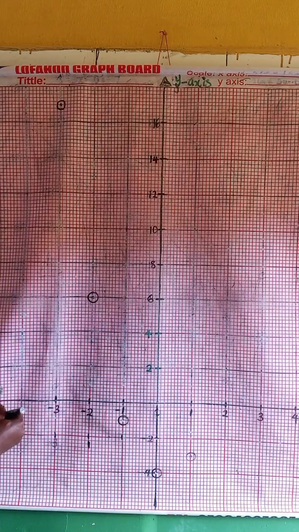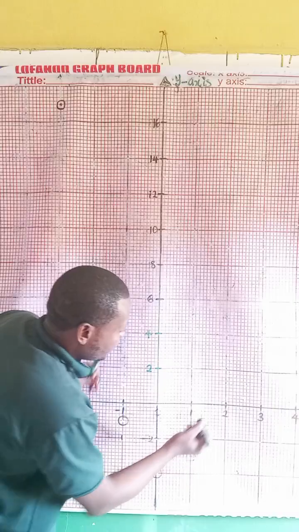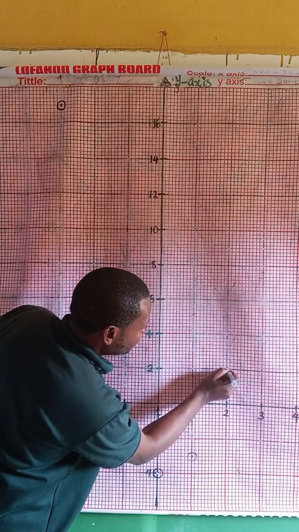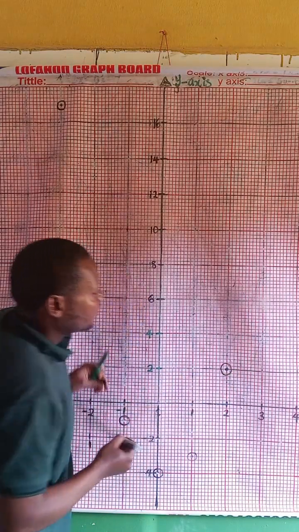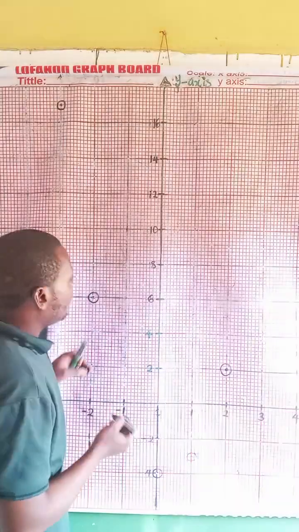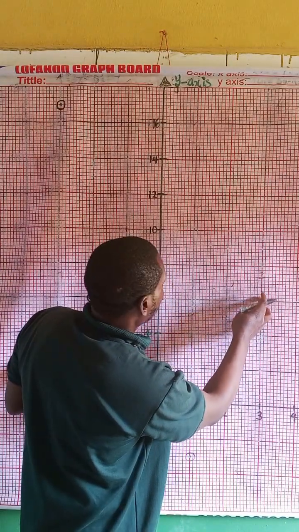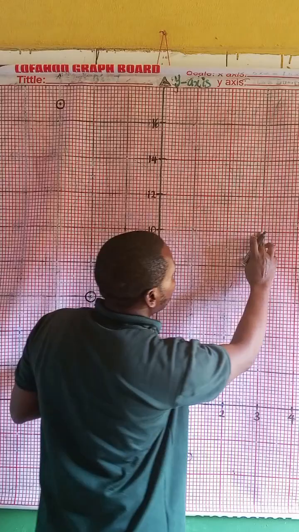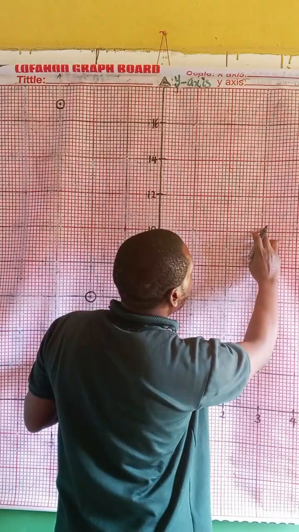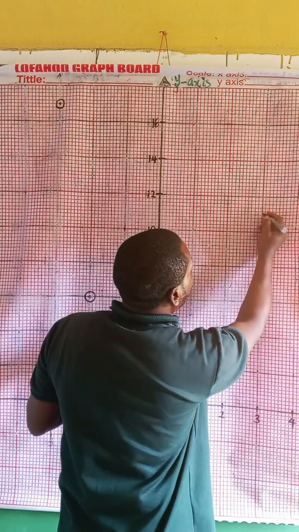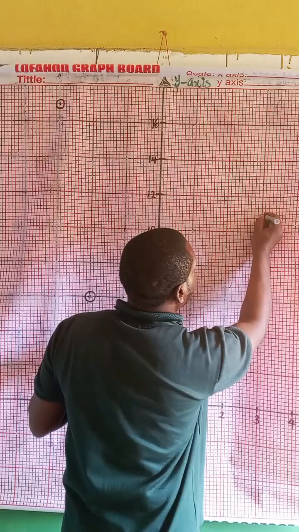Okay. When x is 2, y is 2. And when x is 3, y is 11. So let's count 11 upward. This is 10. 11 will be 5 lines after 10: 1, 2, 3, 4, 5. So this is 11.